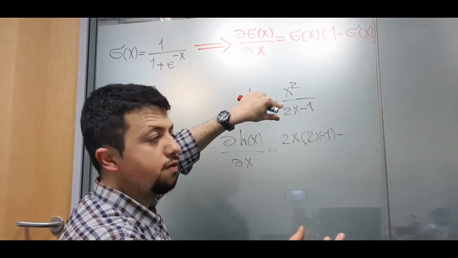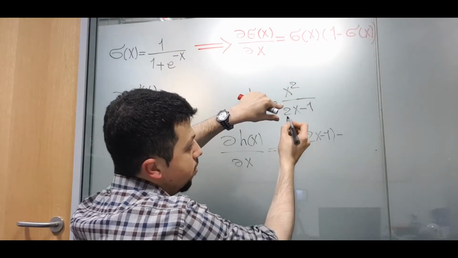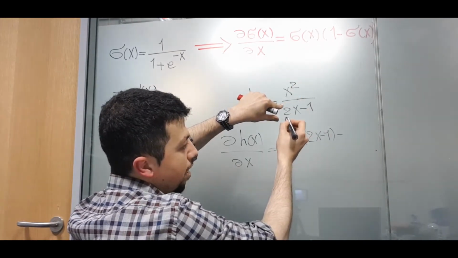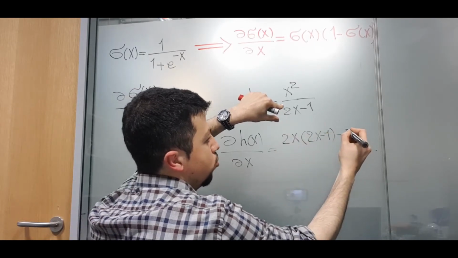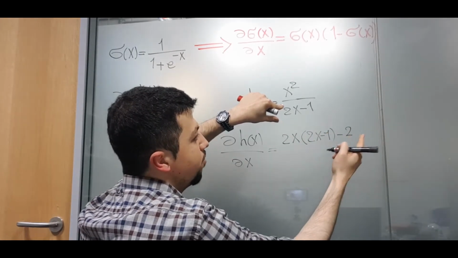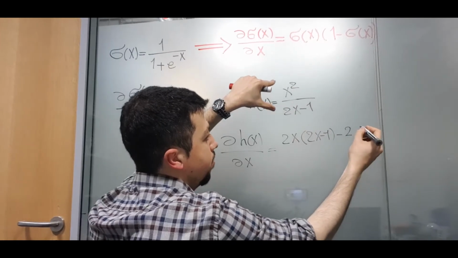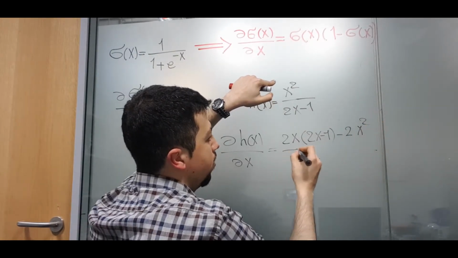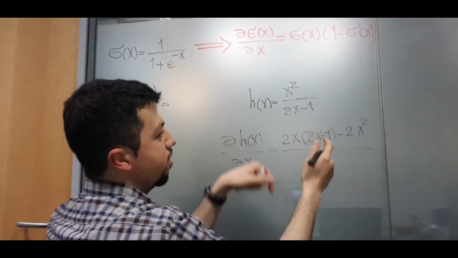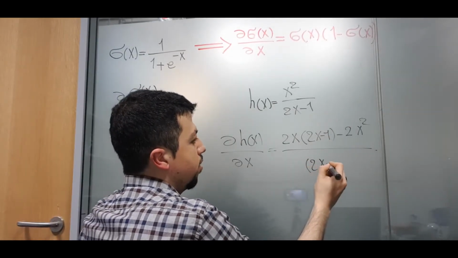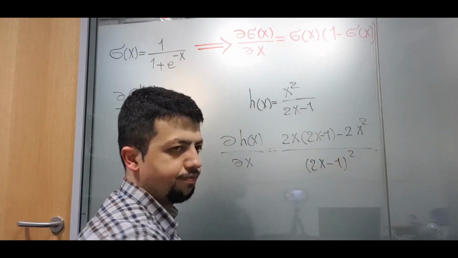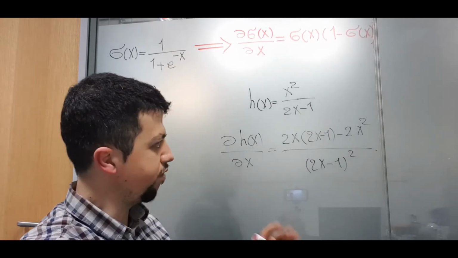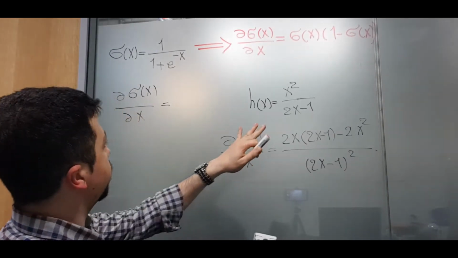Minus 1 is a constant, so you just end up with the coefficient 2, multiplied by the numerator, x squared, divided by the entire denominator squared. Okay? Perfect.